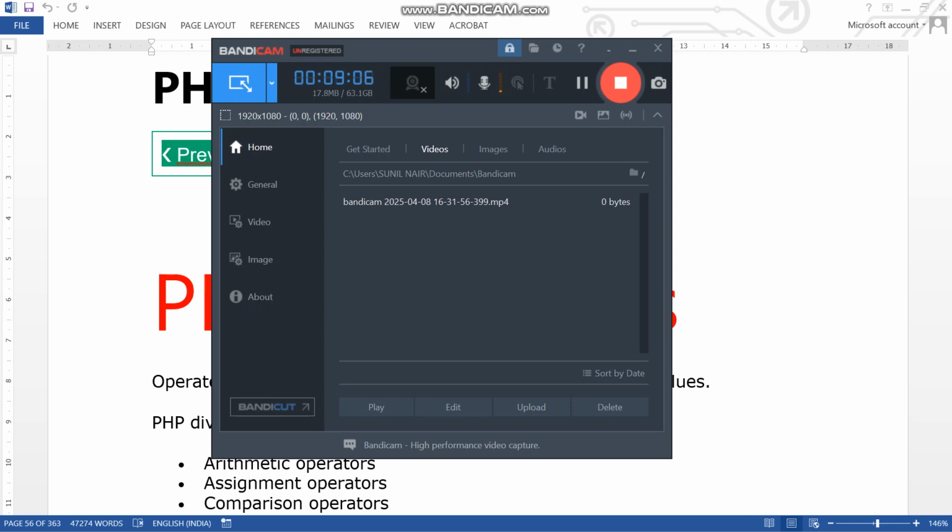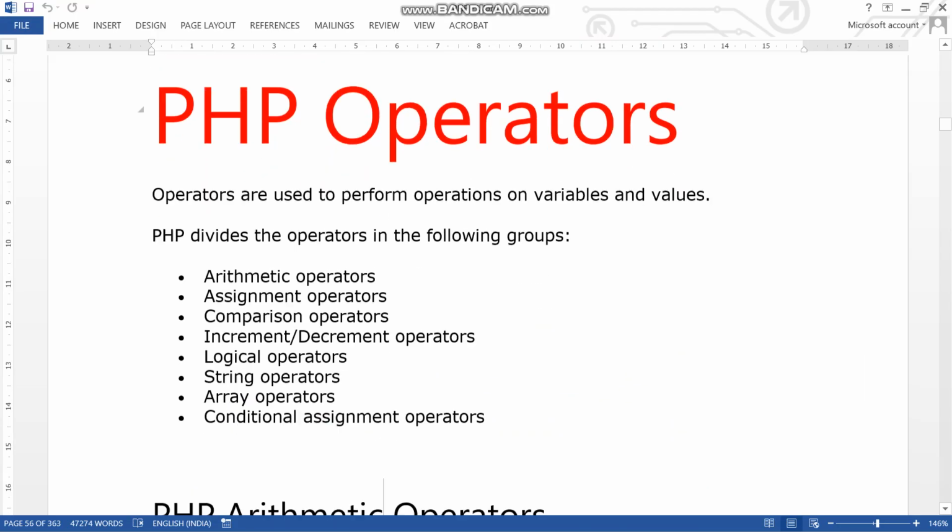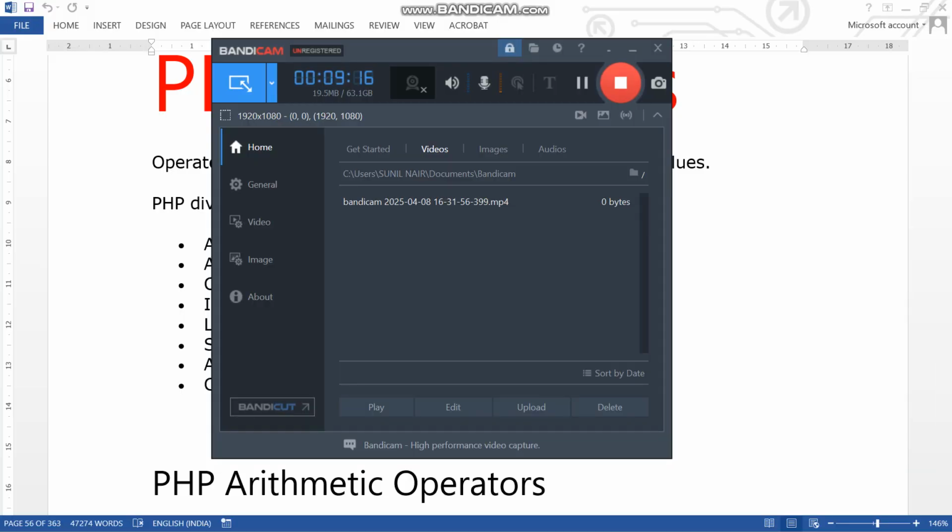So again back to PHP operators. One of the persons asked, what does operator mean basically? The name is also given, PHP operators. In simple language, one of the persons said that if you want to do some mathematical calculation, how will you do it?